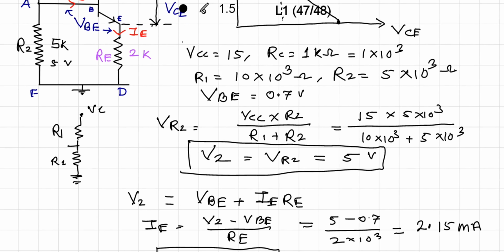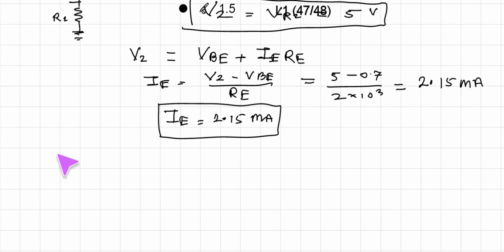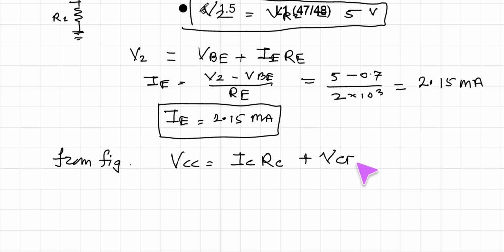So we can write from figure, VCC is equal to ICRC plus VCE plus IERE.